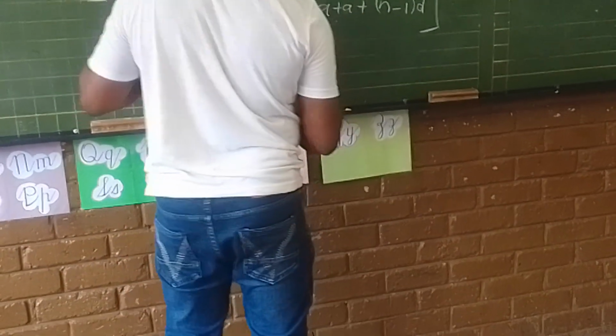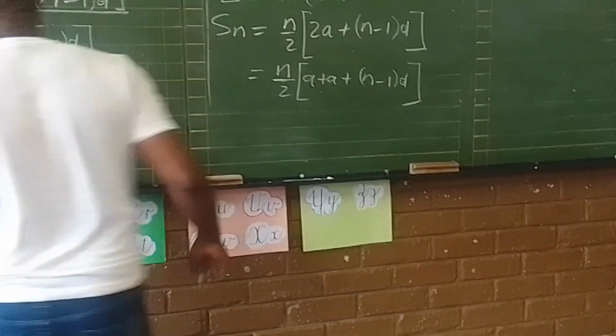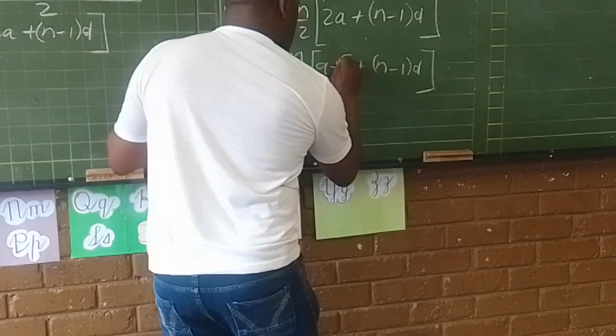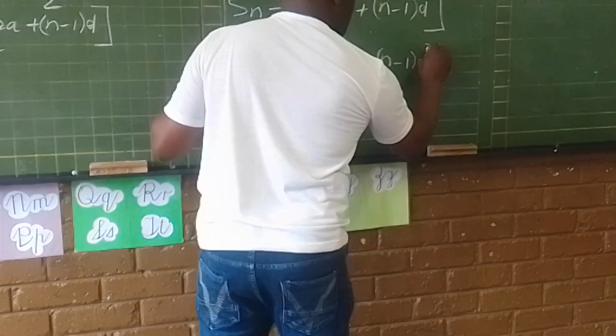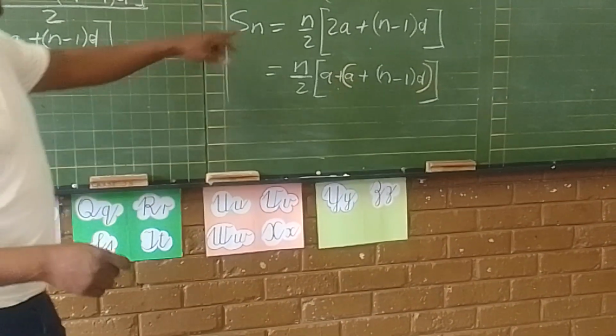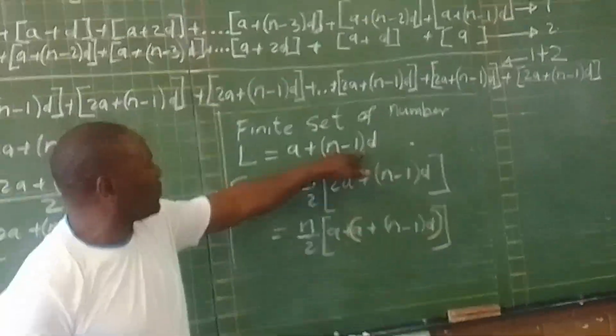Here, if you can check this, here we have a plus n minus 1d as equal to a plus n minus 1d.